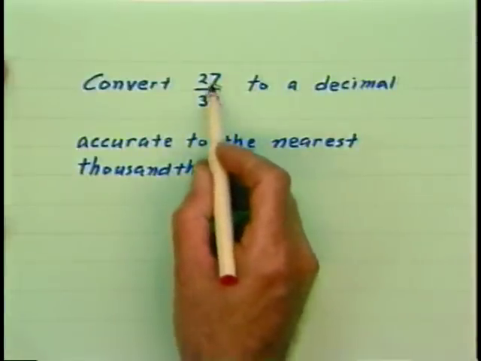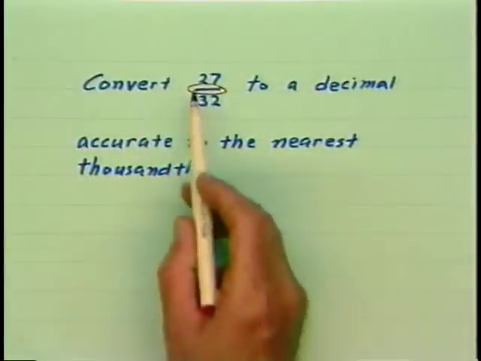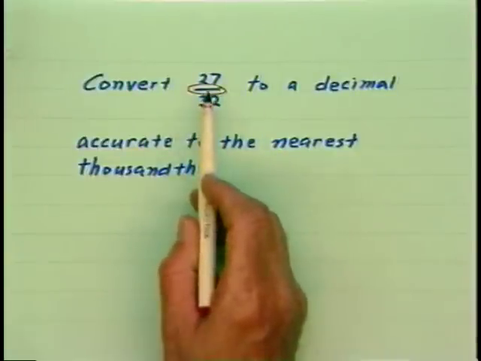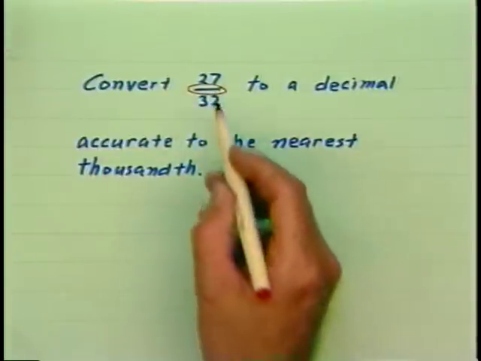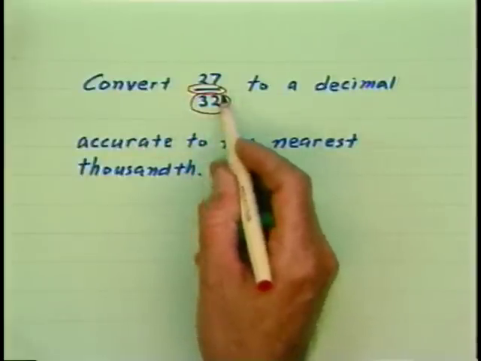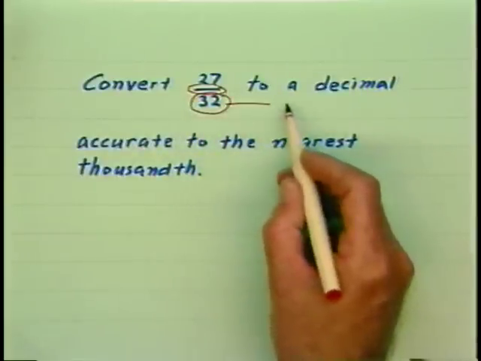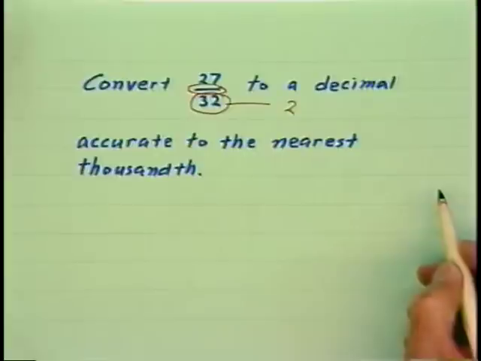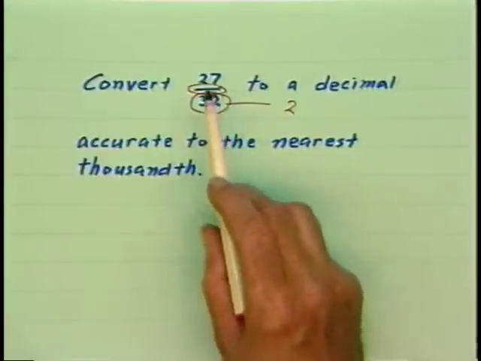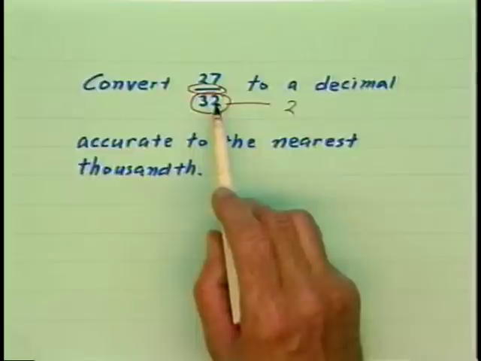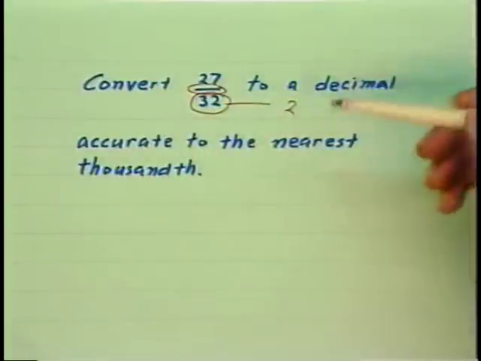And now, to do that, all we have to do is remember that this symbol means divided by. But let's also note this. 32 is divisible only by the prime number 2. That means if I were to divide 27 by 32, it will terminate at some point.